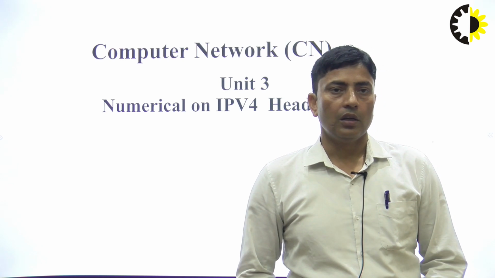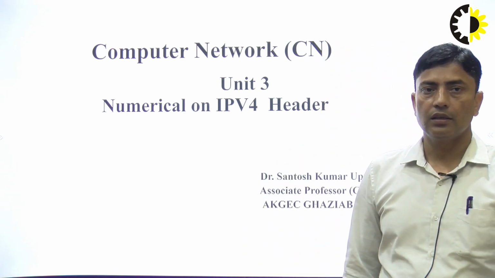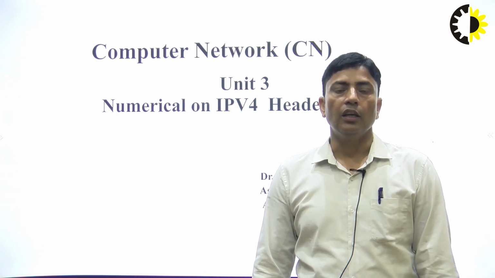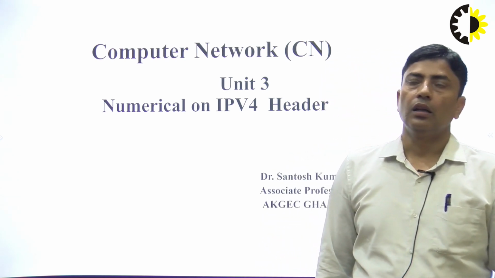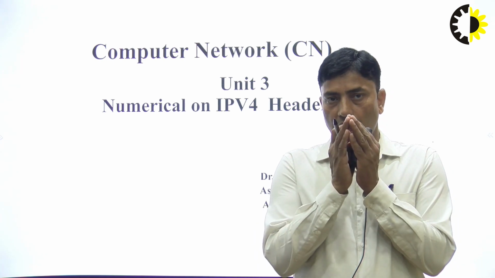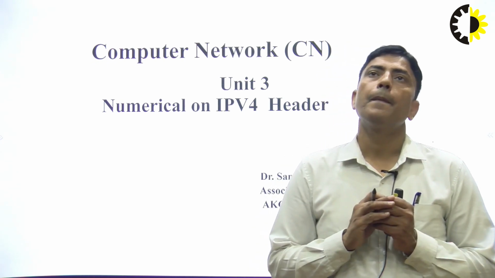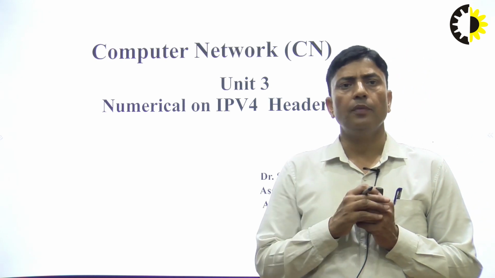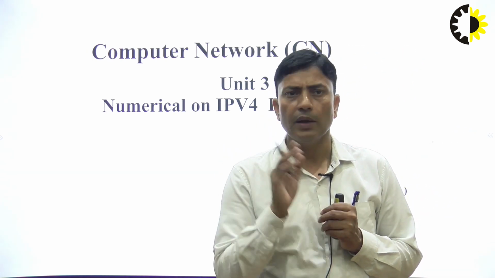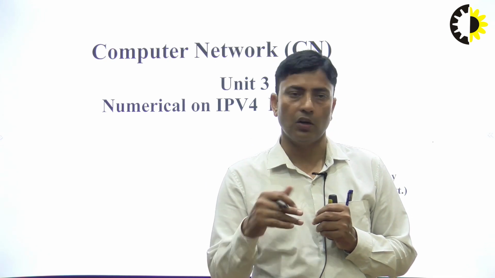In the last class, we discussed the IPv4 header format, in which we have seen the minimum 20 byte size of the IPv4 header, and it may be a maximum of 60 bytes also, because the 40 byte option is also there. It may or may not be present.